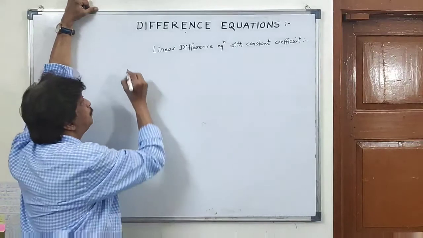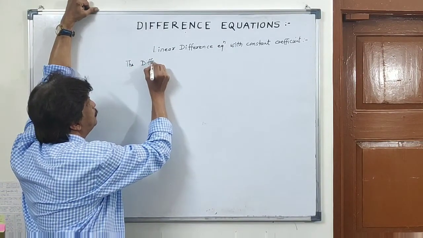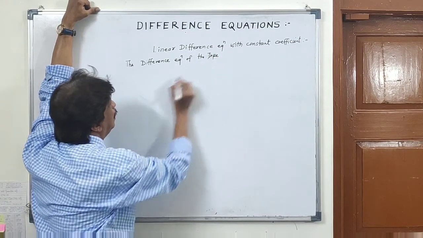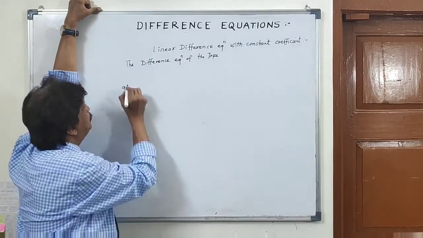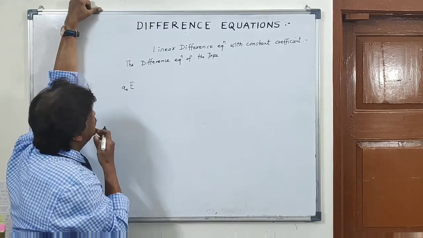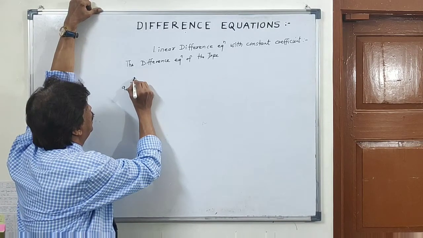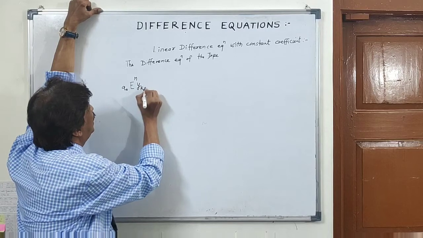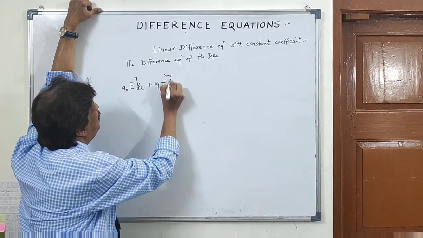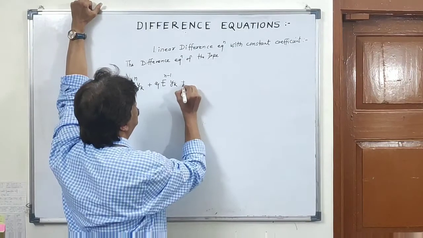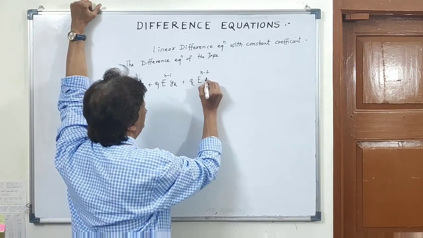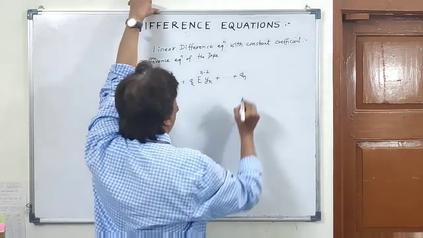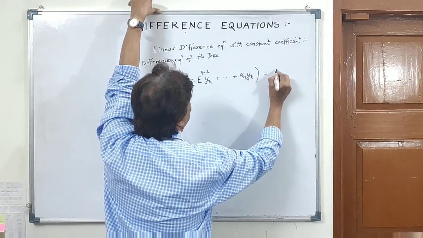The difference equation of the type A0 into E raised to power n of yk plus A1 into E raised to power n minus 1 of yk plus A2 into E to the power n minus 2 of yk and so on up to An into yk equal to some function of k.